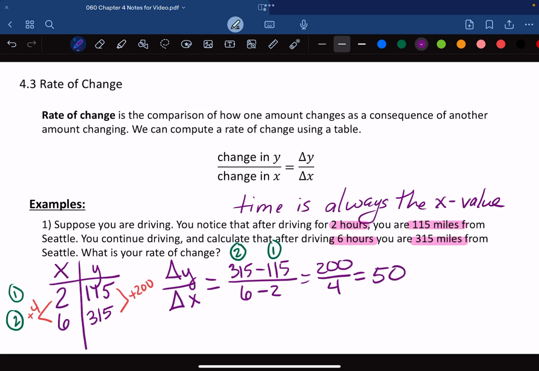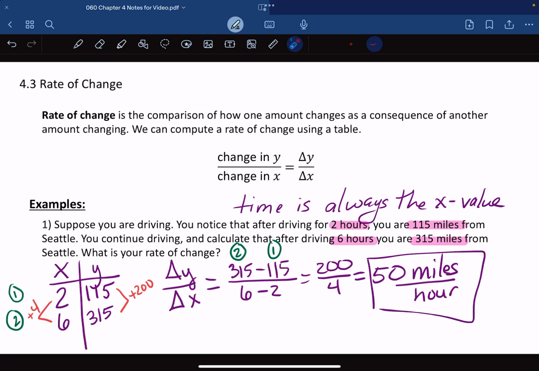Now, when you are looking for your rate of change in a word problem like this, in a context situation, you do want to have units, and your units are going to be using the units from the original problem. In this case, it's miles per hour.